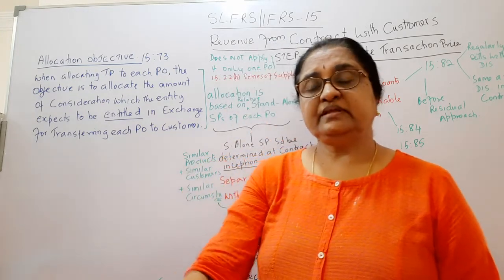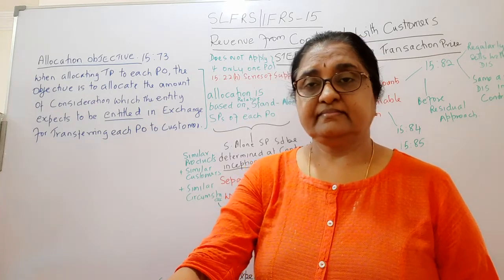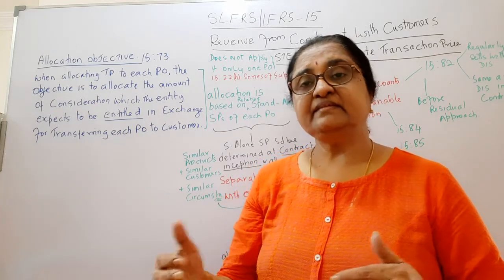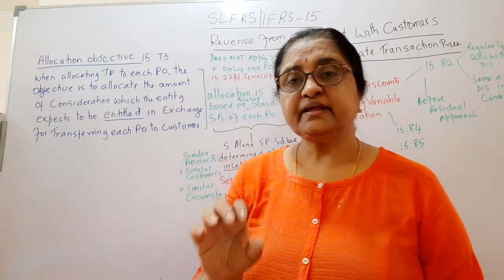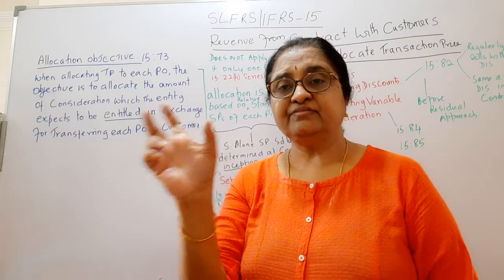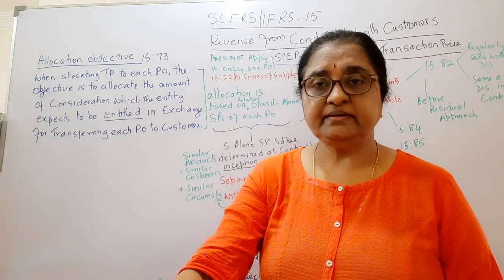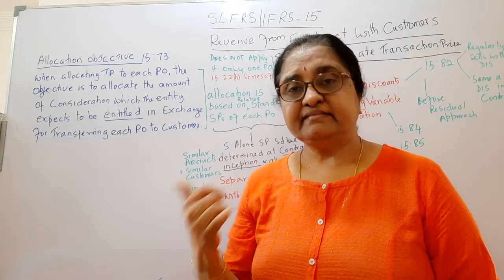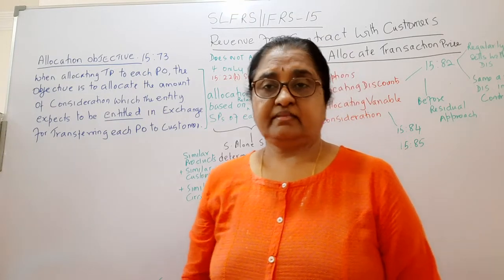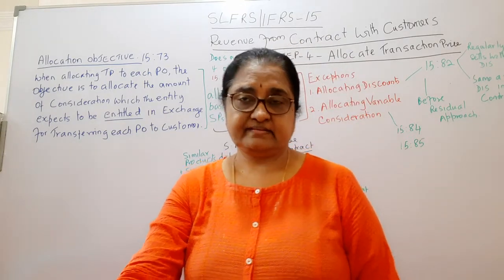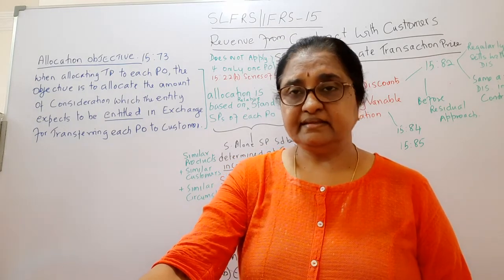In doing so, this has to happen at the inception of the contract, because as and when the performance obligations get satisfied, you are going to recognize the revenue as per the allocation in your books. That's why it's important to do it at the inception. There can be subsequent changes, and you can reallocate depending on the changes, but you have to allocate the transaction price at the inception.